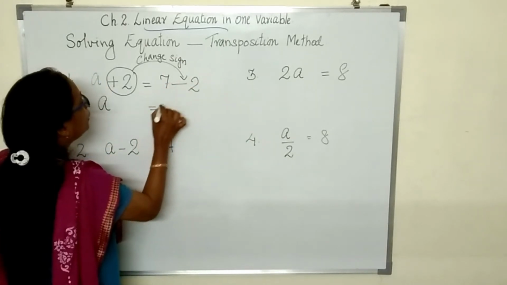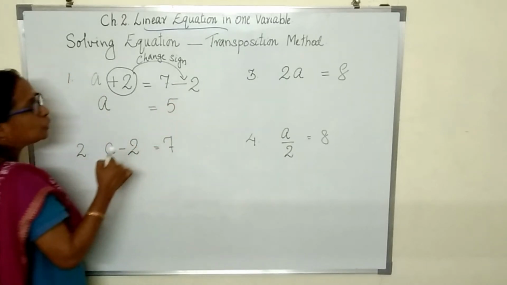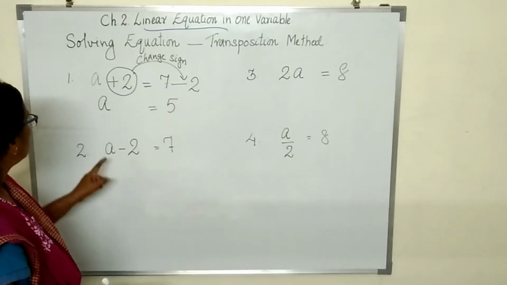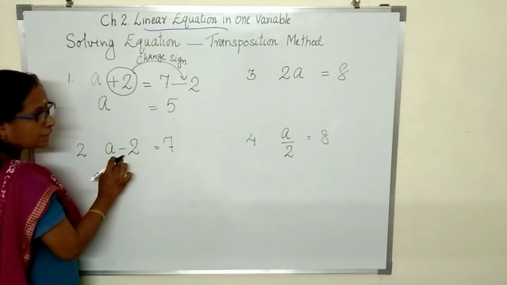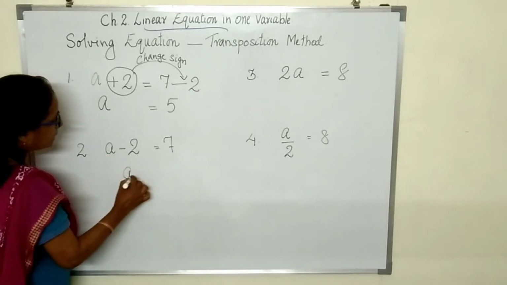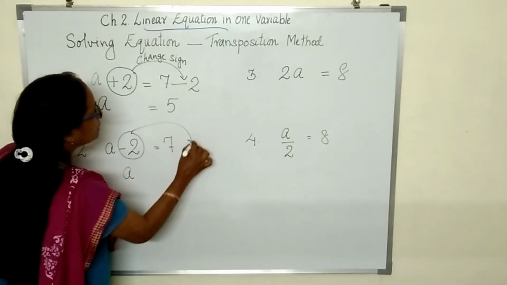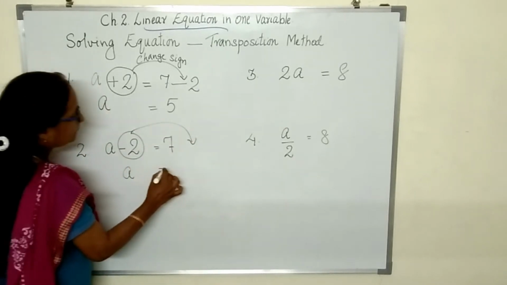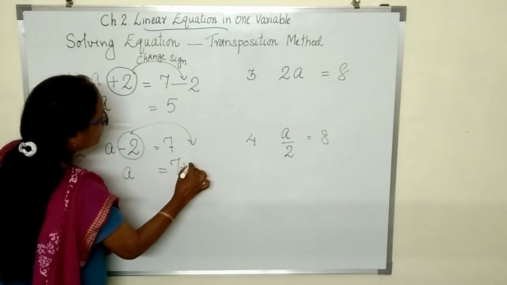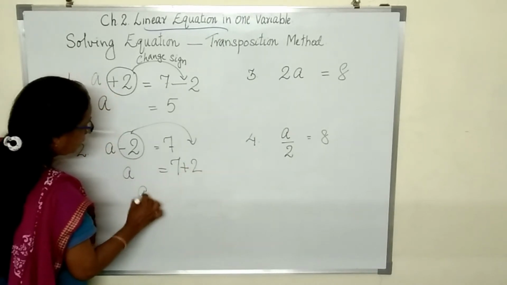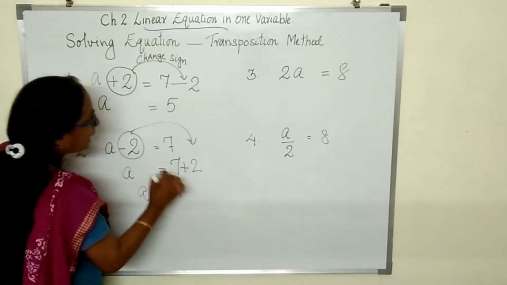So a is equal to 7 minus 2, which is 5. Similarly, if it is a minus 2 here, when this minus 2 goes to this side, what will it become? 7 plus 2. So a is equal to 9.